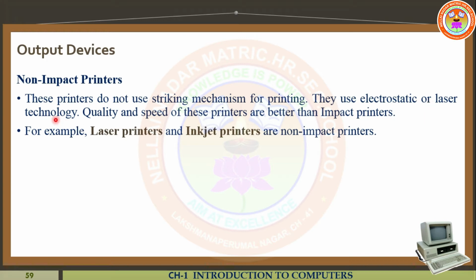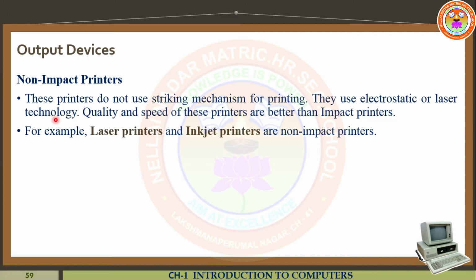Just note down that non-impact printers use electrostatic or laser technology. The quality and speed of these printers are better than impact printers. Compared to impact printers, these non-impact printers are good in quality and the speed is also very high.